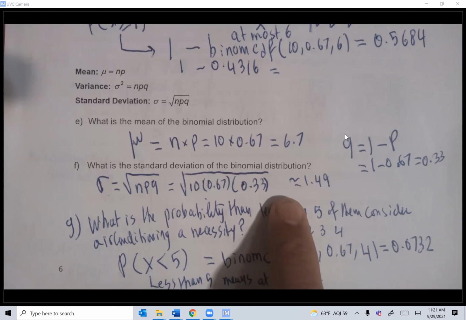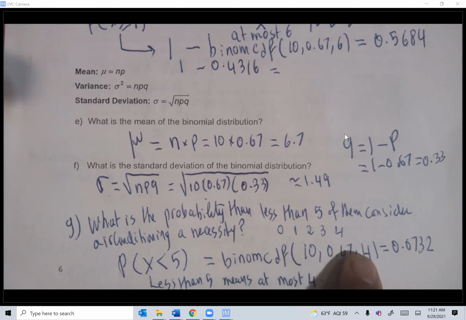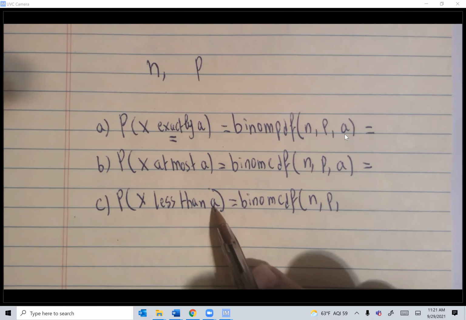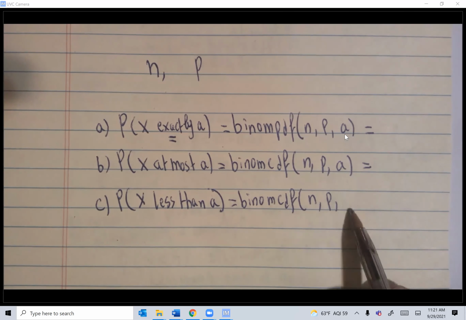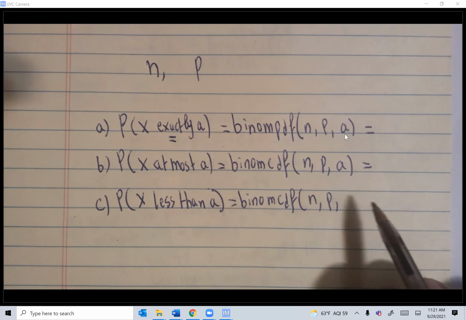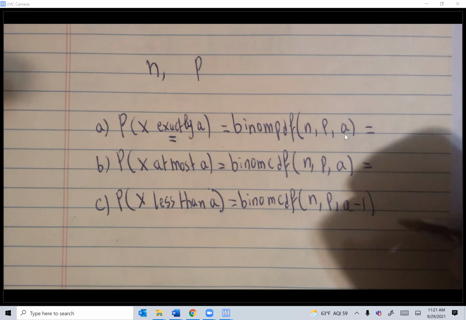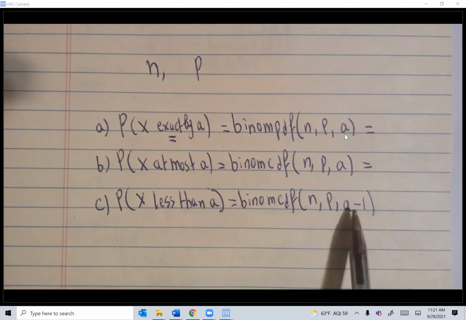We did less than 5 means 4 or less, 4, 3, 2, 1, 0. So we did at most 4. So for this, guys, that's less than 5 means a 4 here. Less than 6 means a 5 here. Less than 8 means a 7. So you just put a minus 1. So that's a 5, you make it 5 minus 1, that's a 4.